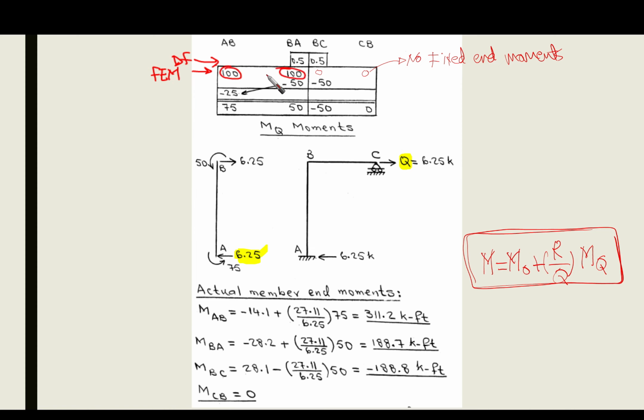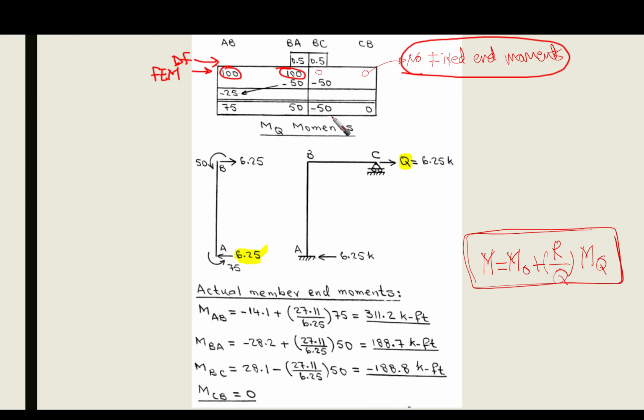Take care, they have the same sign. For member BC, there are no fixed end moments. Why? Because we said that it will translate as a rigid body motion, so no straining actions are going to be developed. Consequently, the fixed end moments are zero.